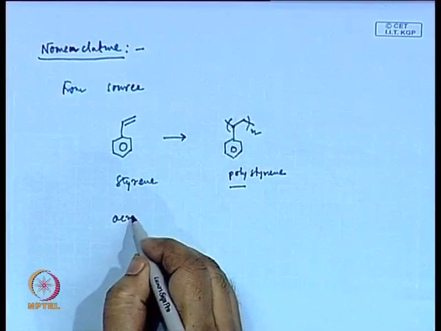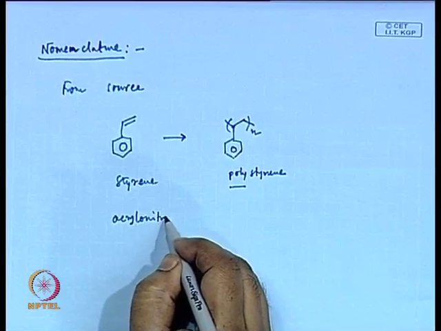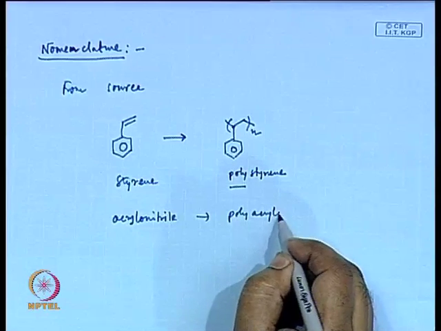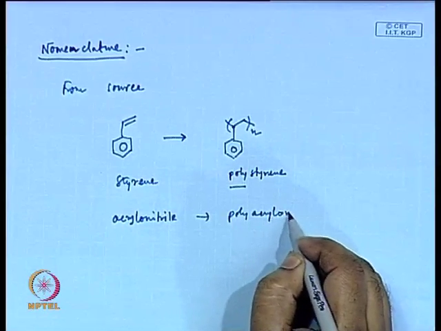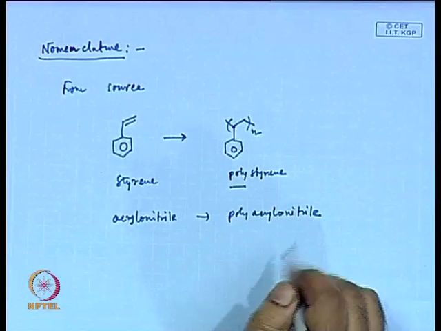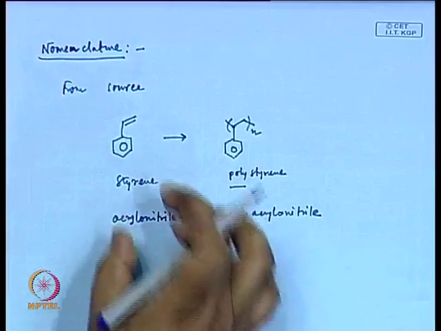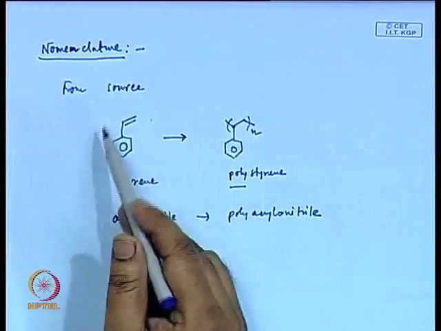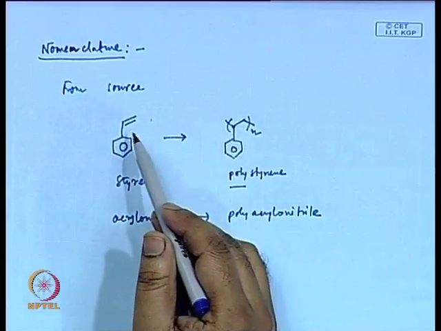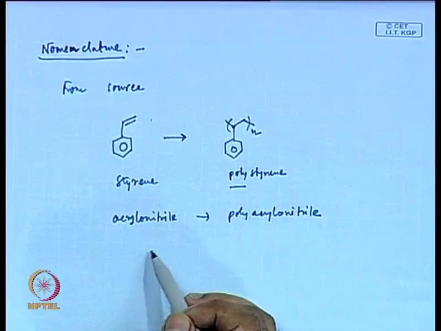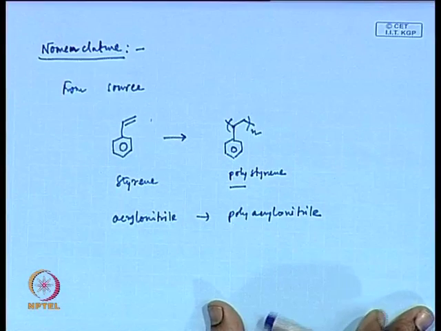So, acrylonitrile would give you polyacrylonitrile and so on. This is very simple and is done mostly if the polymers are made from a single monomer, which is directly converted to the polymer. So, like styrene to polystyrene and acrylonitrile to polyacrylonitrile.